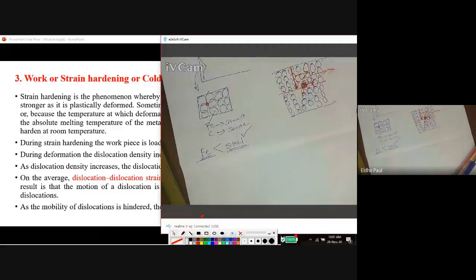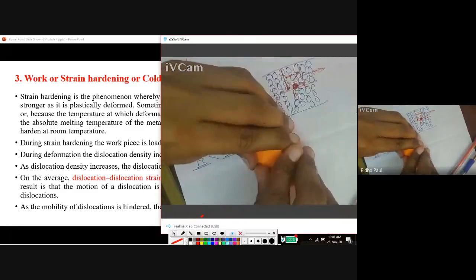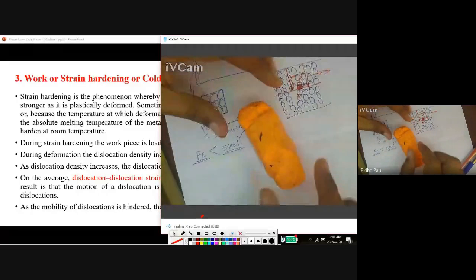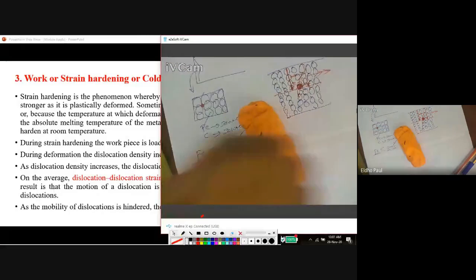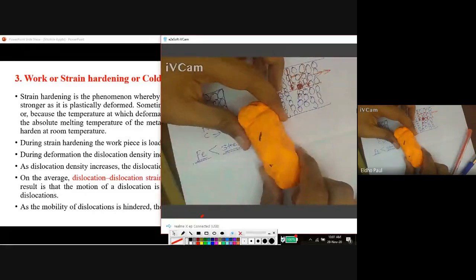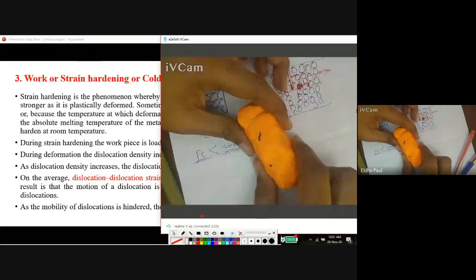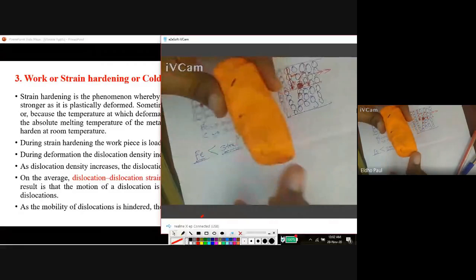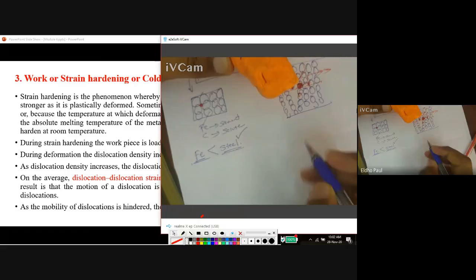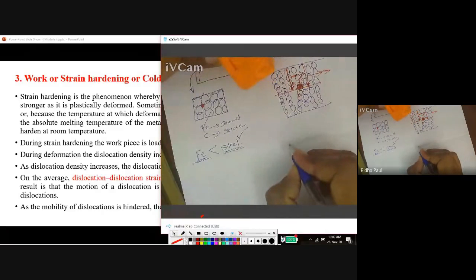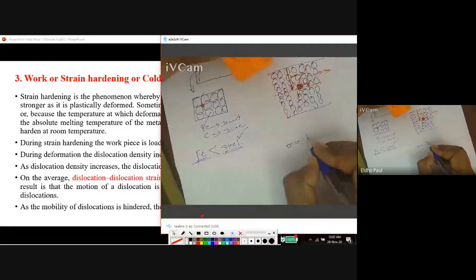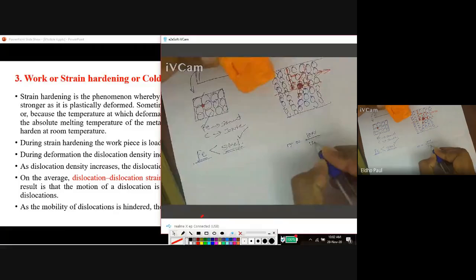For example, here in this material, I am applying 10 Newton force, and the cross section, for example, is equal to 1 centimeter square. So stress will be 10 Newton by 1 centimeter square.